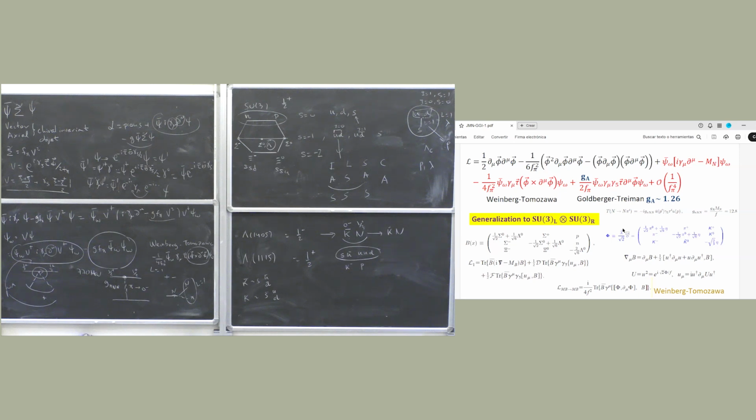But I will show you that just with Weinberg-Tomozawa and doing a resummation, because to generate a bound state I need to go beyond just the potential. I need to solve something like the Schrödinger equation, right? Or the Lippmann-Schwinger equation. That means that I need to do a full resummation.